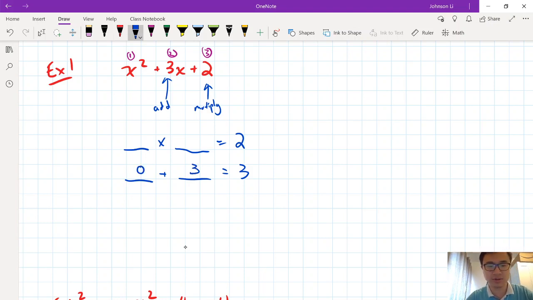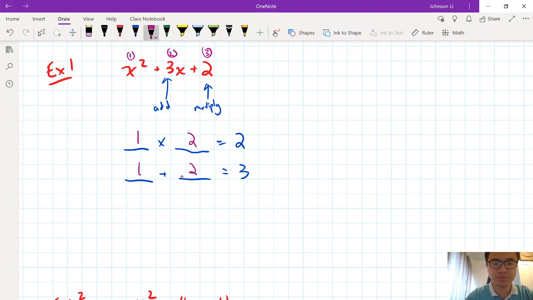That's also equal to 3, but does 0 times 3 equal 2? It doesn't quite work. So this works for the sum, but it does not work for the product. We want to maintain a pair of numbers that is consistent, so it has to be the same for both. The only pair that I can think of is 1 and 2.